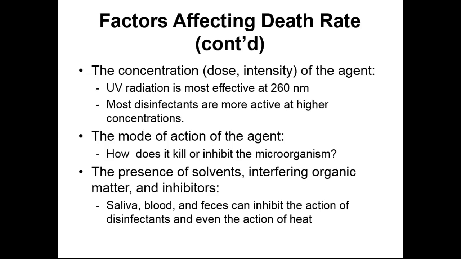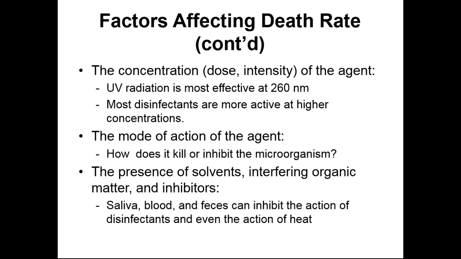We also are interested in the concentration, or the dose, of the disinfecting agent. High concentrations, high doses are more powerful than low concentrations, low doses. The UV radiation wavelength that's most effective is 260 nanometers. And if we deviate from that 260 nanometer wavelength, the light is not as disinfecting. It is not as effective at killing the microorganisms.